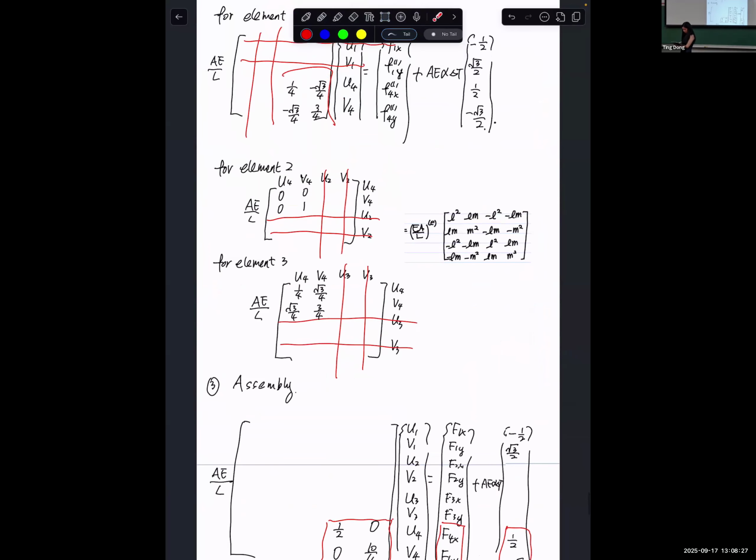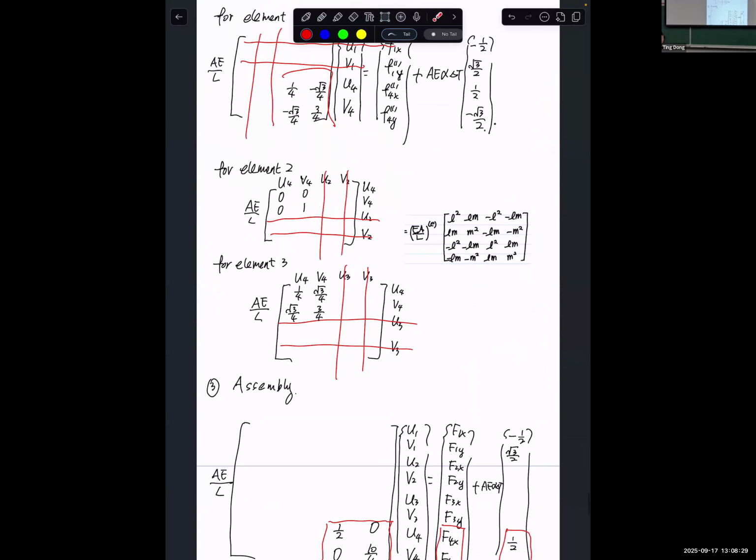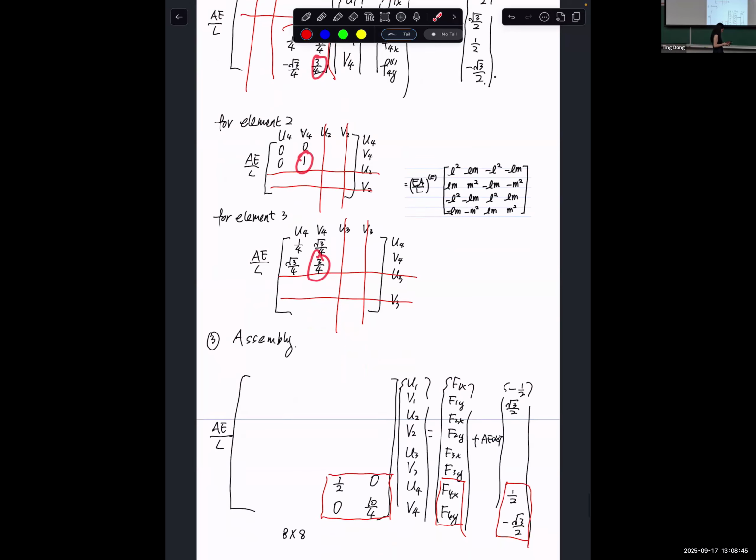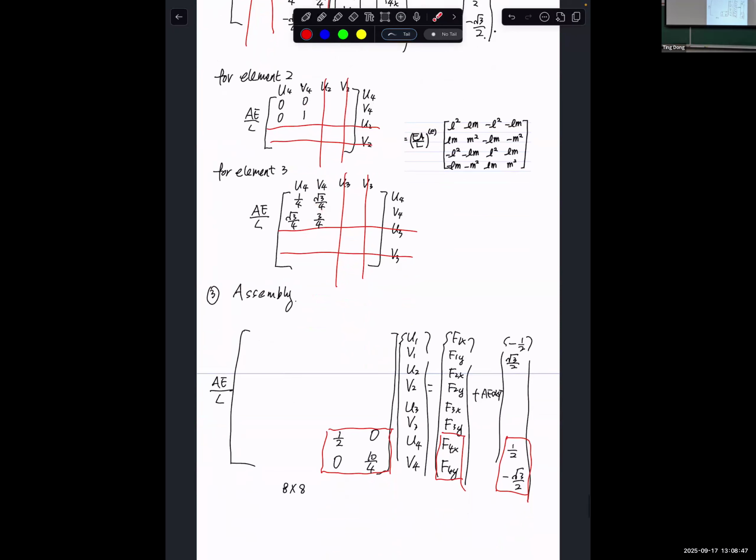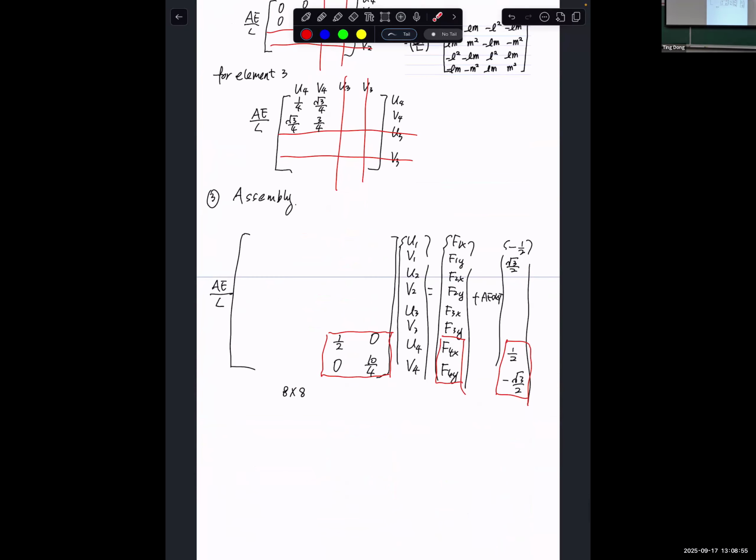Yes. So the second component is 0. Third component, 0. The last component is this one plus this one plus this one. Make sense? So now let's solve for U4, V4. Any question?